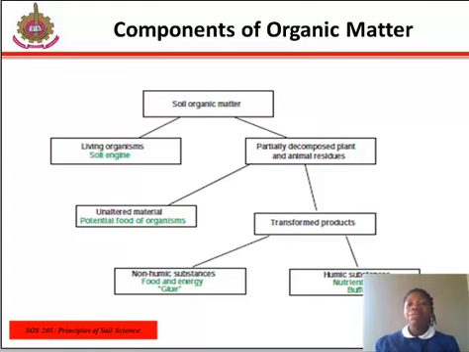Hence, it is termed stable organic matter. However, it is still important for soil fertility management because it contributes to soil structure, soil tilth, and cation exchange capacity. This is also the fraction that darkens the soil's color.